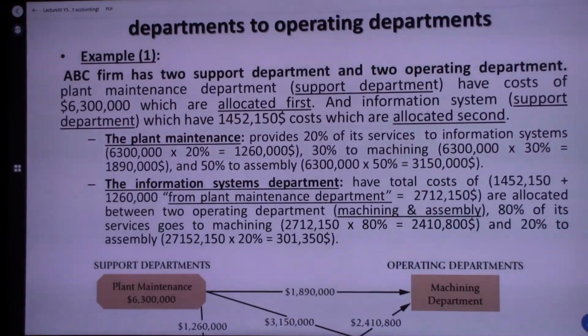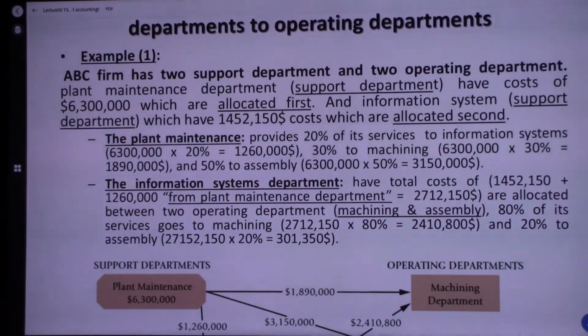That means the information system department, which is a supporting department, and the 2 operating departments, which are machining and assembly.